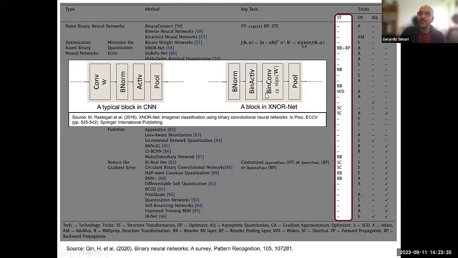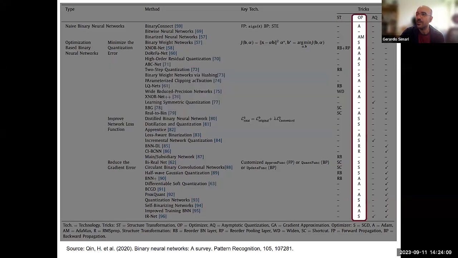Again, this simple change had a pretty big impact. And just looking at SC, what was SC? Shortcut. Shortcut means that there are ways in which you can communicate layers between them so that they can implement quicker training, essentially.